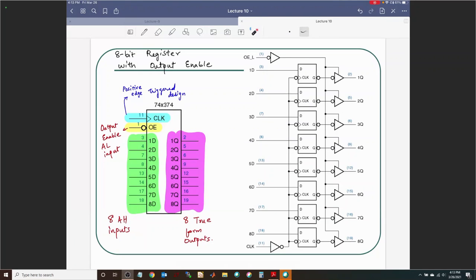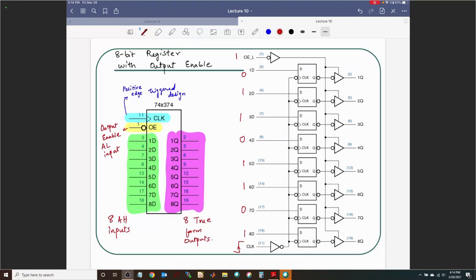Okay, let us try to do something interesting here. Let's say this guy is a 1, this guy is a 0, 1 1 0 1 1 0 1, and then we have a positive edge on the clock. My goal is to write the contents of the register in hexadecimal form.